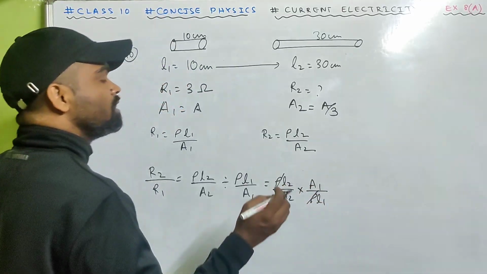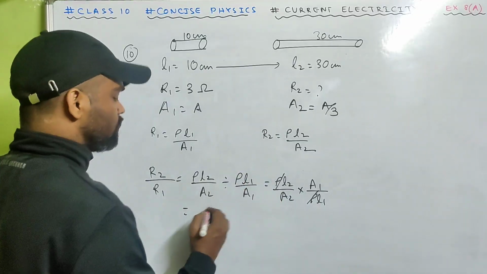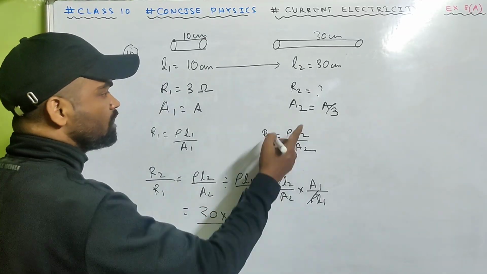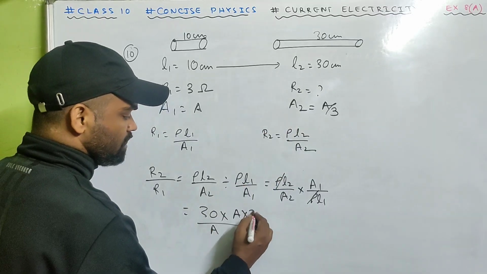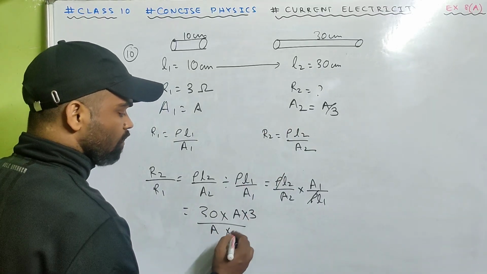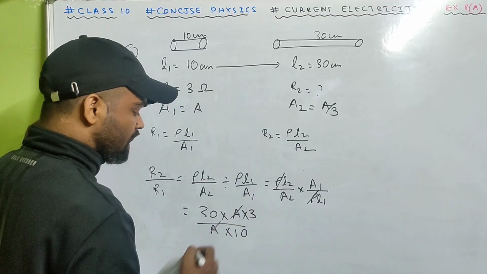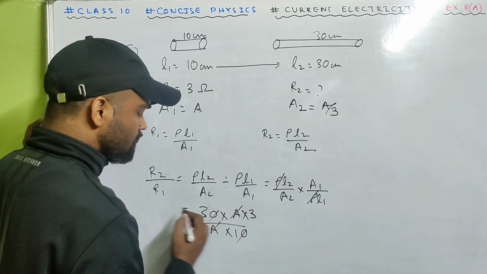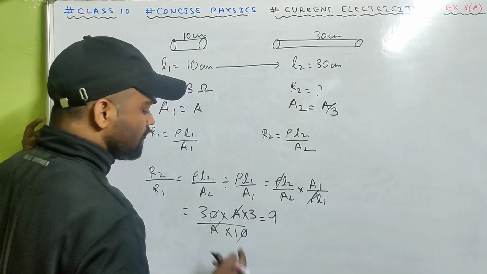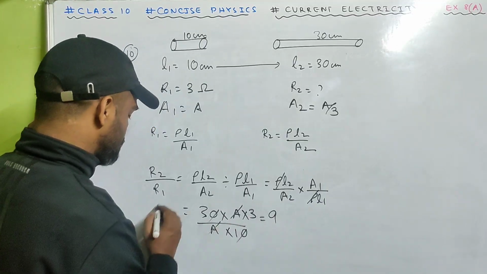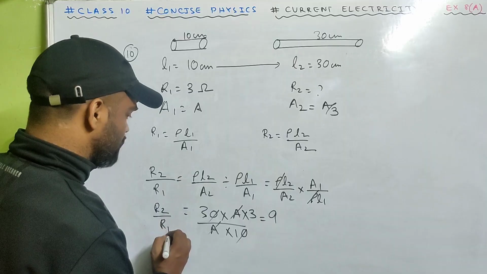Rho cancels. Substitute the value. L2 is 30. A1 is A. A2 is A by 3. So A by 3, 3 goes up. And L1 is 10. Yes or no? Just substitute the value. A cancels out. 0 cancels out. So that's 9. 10 1 times, 10 3 times, 9. So R2 by R1 is 9.